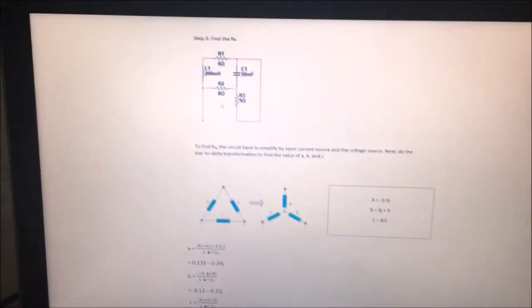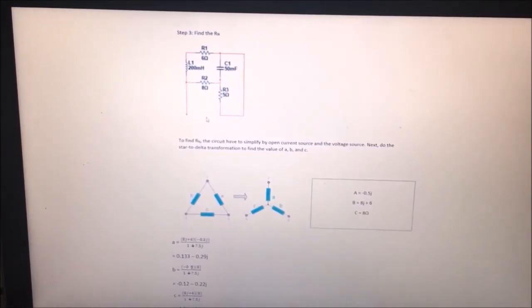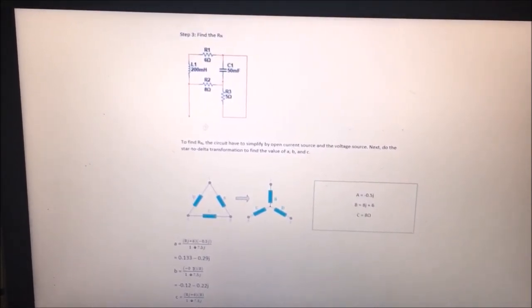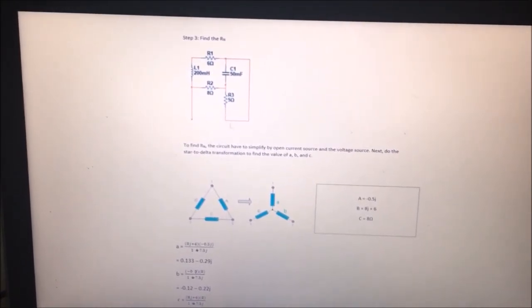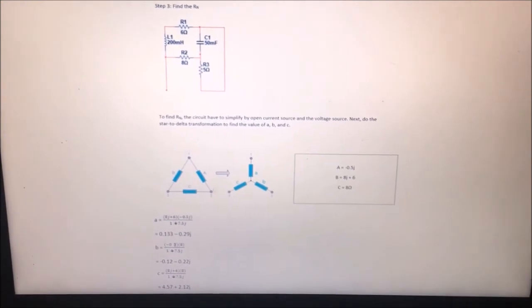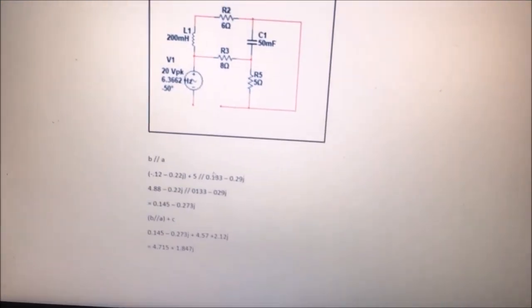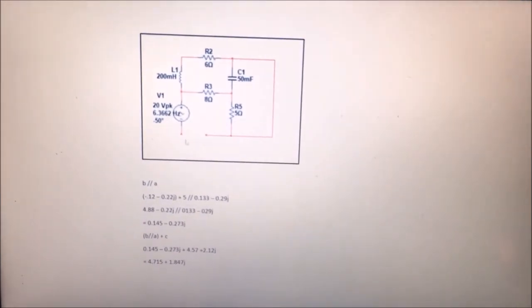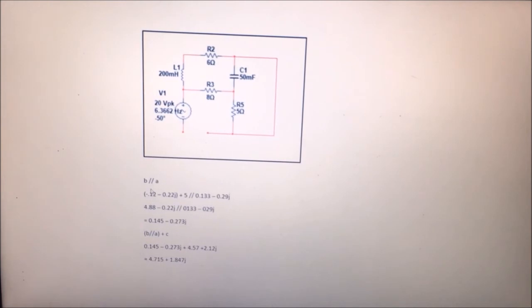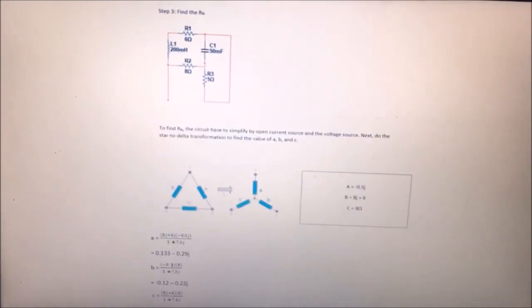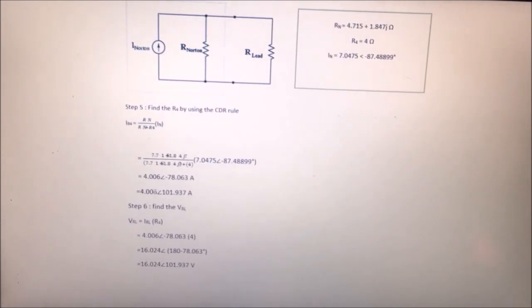Then in step 3, we find the RTH, which means that we remove the I4 source, and then we do star and delta analysis, and after that we simplify the circuit, where B is parallel with A. Then we get this.